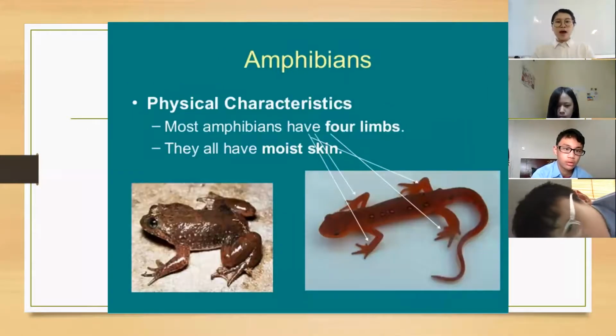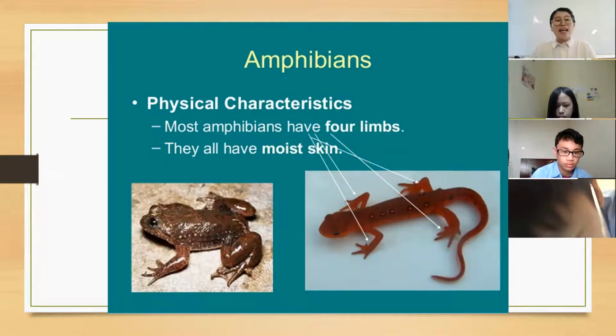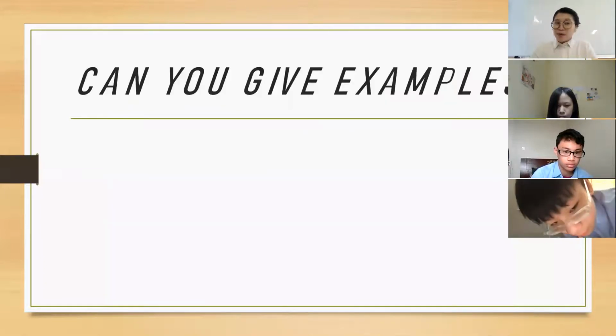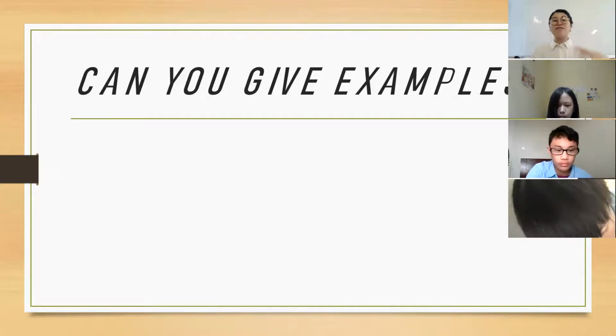Okay, so amphibians, most of them have four limbs, and as what you can see on the species, they have moist skin. Okay, so can you give examples? As we all know, amphibians can live both on land and water. Okay, who can give examples?